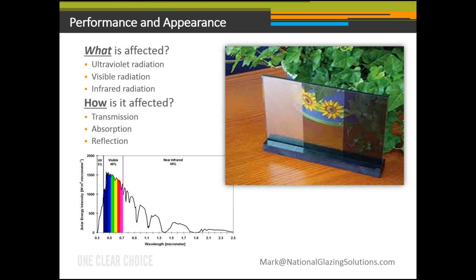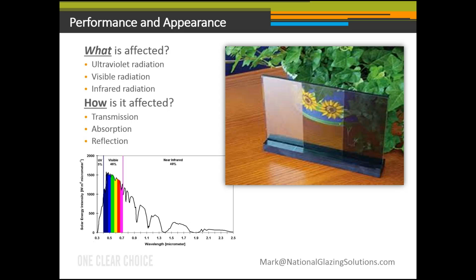Both performance and appearance can be viewed from the same vantage point. First, the question is, what is the film affecting? It's affecting the solar spectrum, which for us in our scope is comprised of the UV, the visible, and the infrared regions. Window film doesn't affect gamma rays and X-rays.